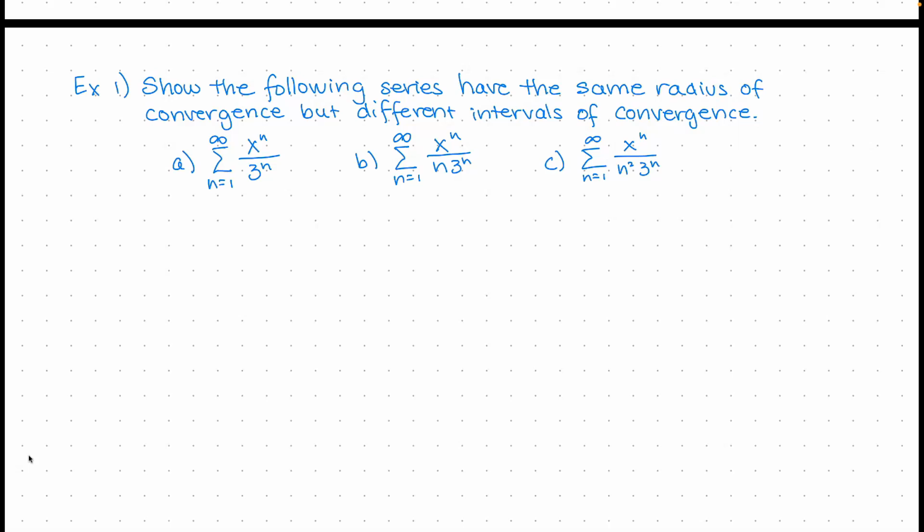Madness, I tell you. You can see the 3 series are almost identical, except I'm just multiplying by an extra n each time in the denominator. And how does that change things?